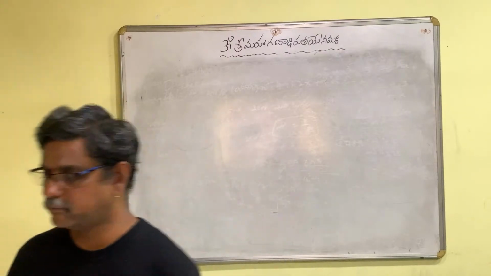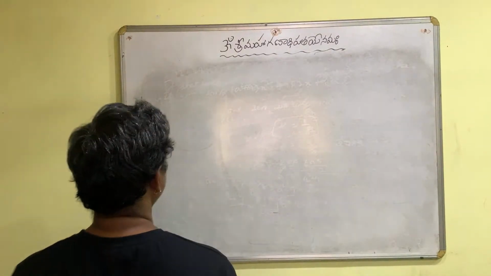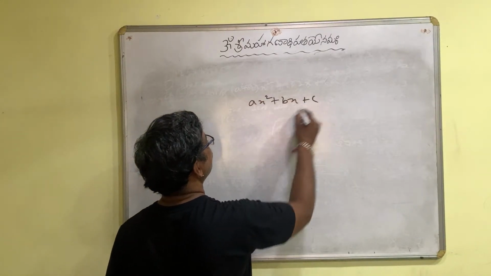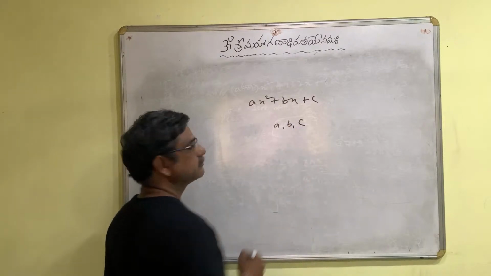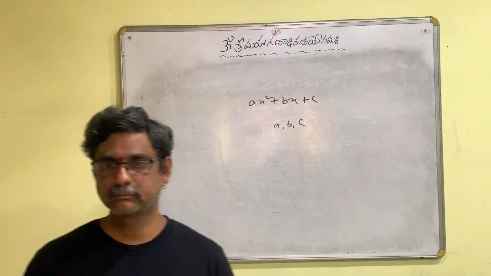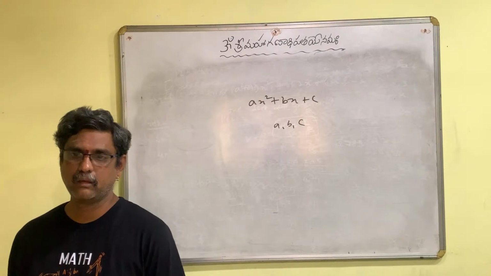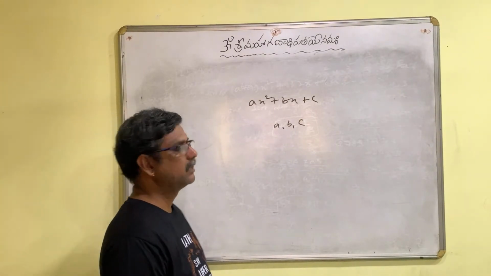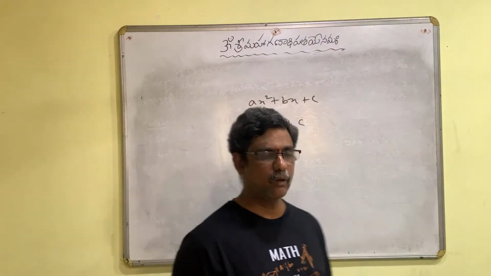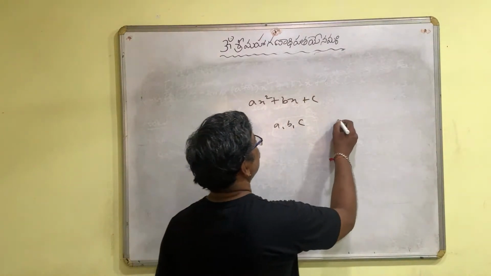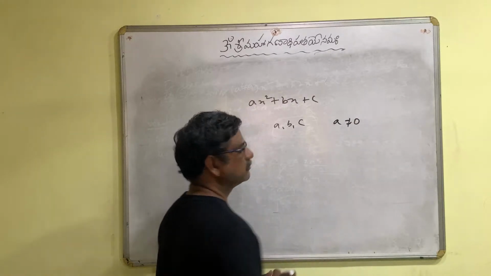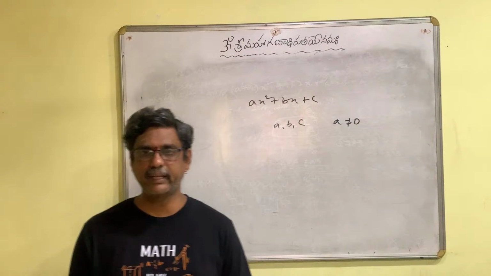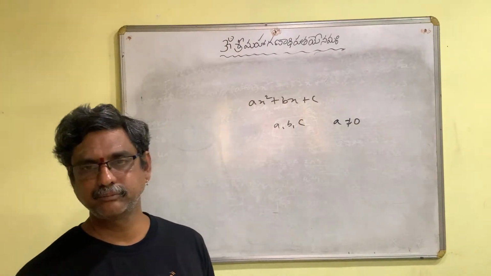In the general form ax square plus bx plus c, what are a, b, c? Yes, real numbers. Very good. a, b, c are real numbers, and one more condition is also there: a is not equal to 0.